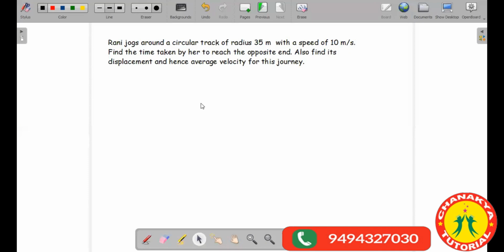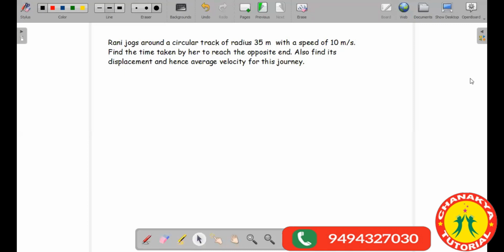Anyone who has got the answer? Sir, we have to find the circumference, right? The distance she has to travel is half the circumference. Sir, so it will be 110 meter. Okay, this is 110 meter. And the displacement would be 70 meters, sir.